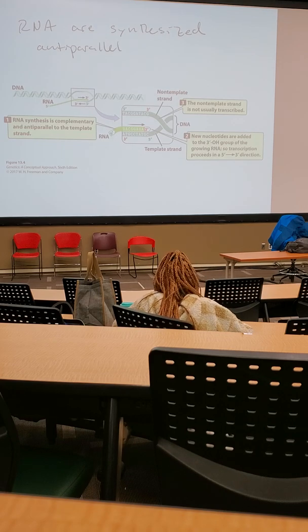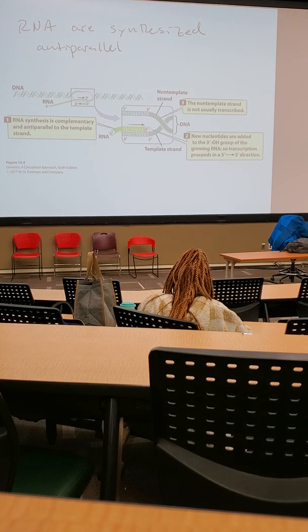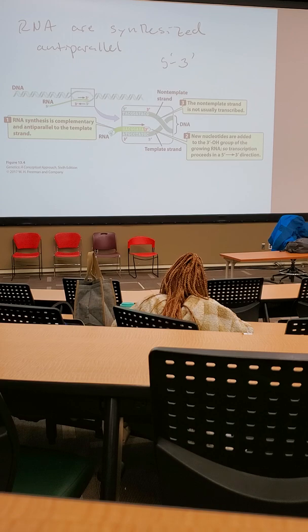It implies that we have to know something about the polarity of the template strand of the DNA to be able to understand the direction that an RNA takes. That's always in the 5' to 3' direction. So that's similar to DNA replication. The chemical nature of the nucleotides and the nucleic acids, the polymers themselves, dictate how the process is going to work through RNA polymerase.